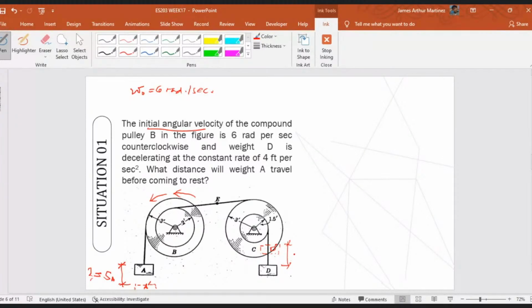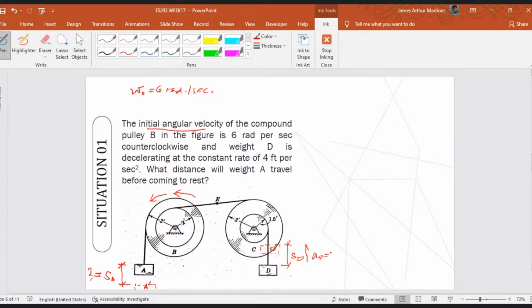So the linear displacement created on weight D is unknown, the distance that weight D traveled, but its deceleration is given.